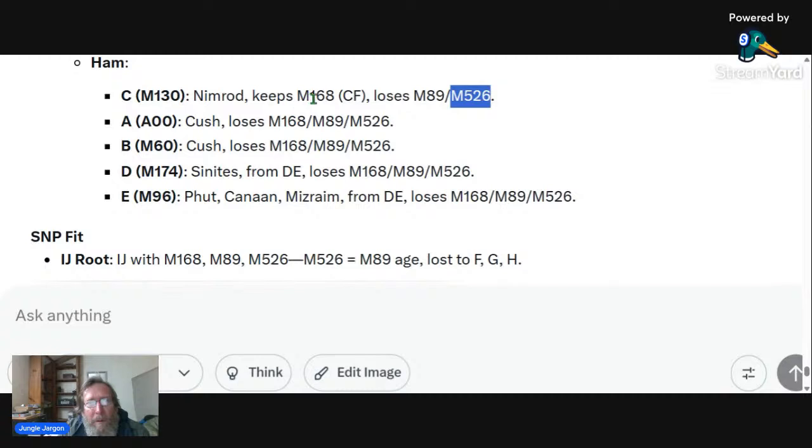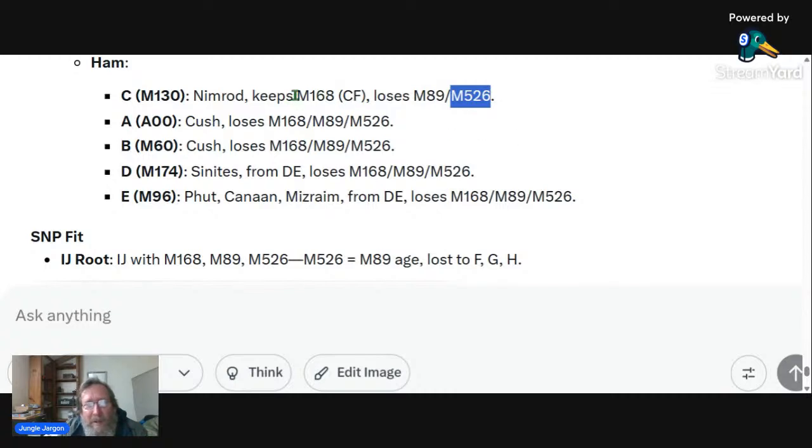Okay. So A00 Cush loses IJK, Aram and Lud, and the CF marker. And Nimrod's CF marker, which is shared by Nimrod and the rest of the world, that's non-Hamitic world.